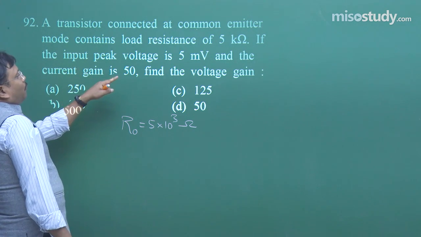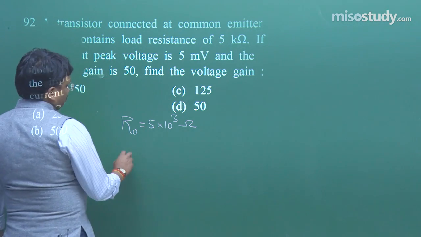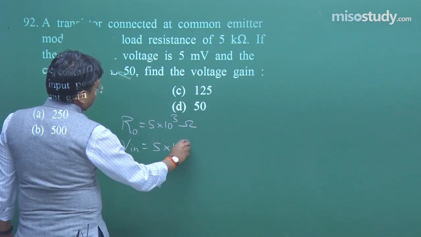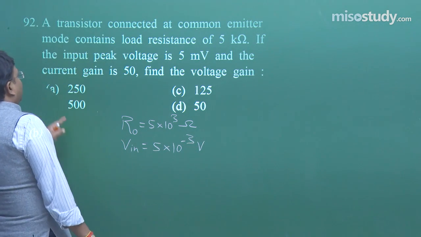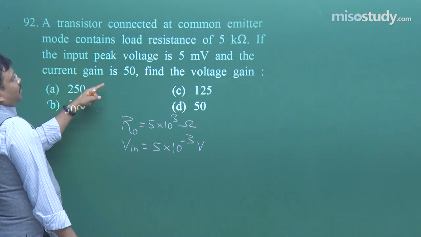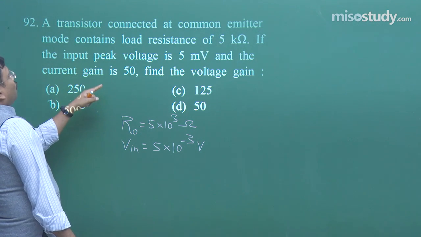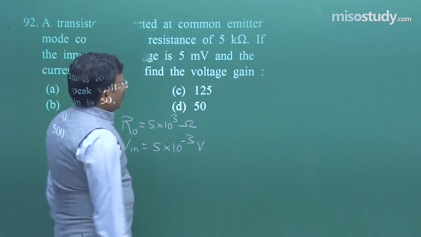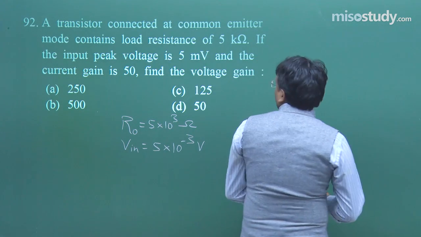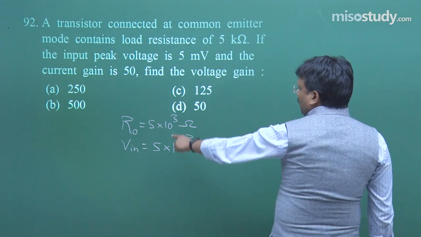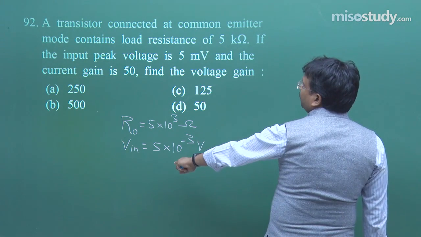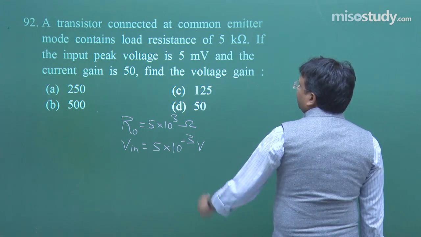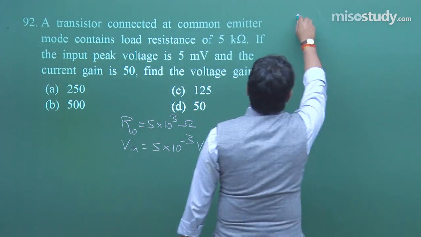If the input peak voltage is 5 millivolt and the current gain beta is 50, find the voltage gain. R output is given, V input is given, 5 millivolt, and the current gain beta is given. We have to find the voltage gain.